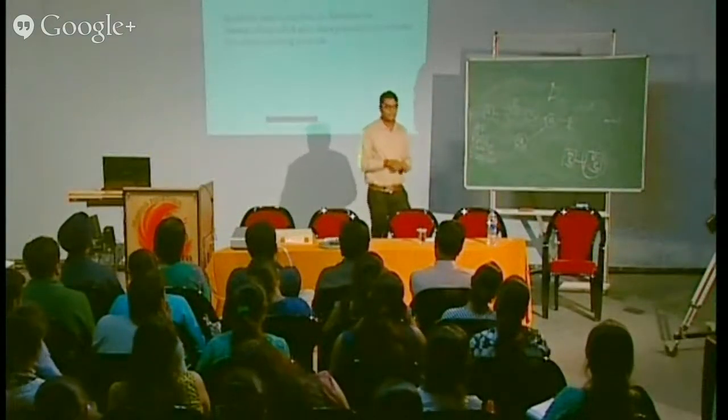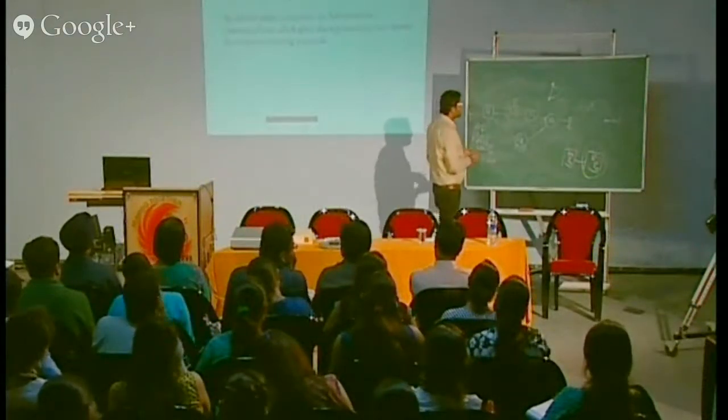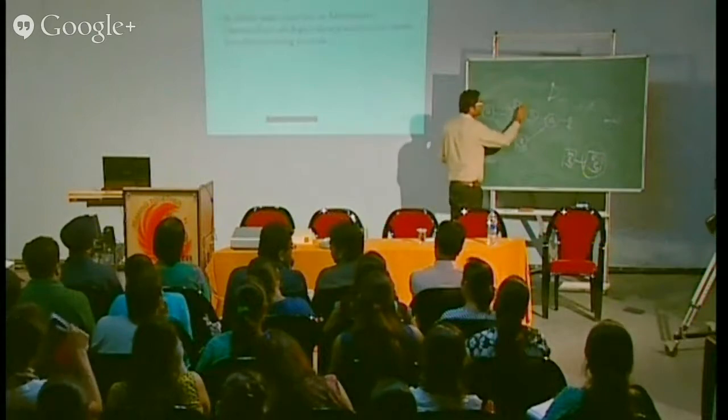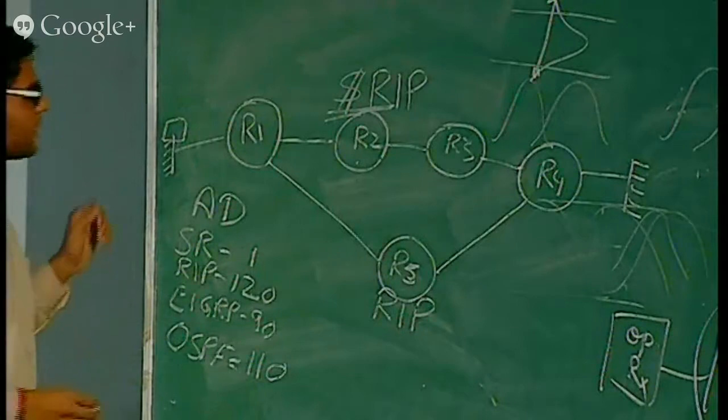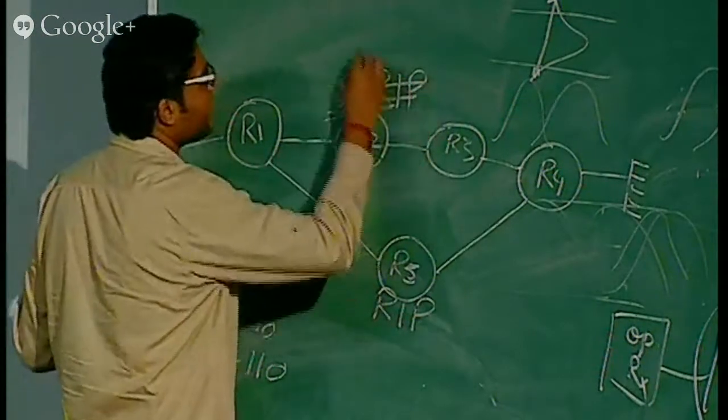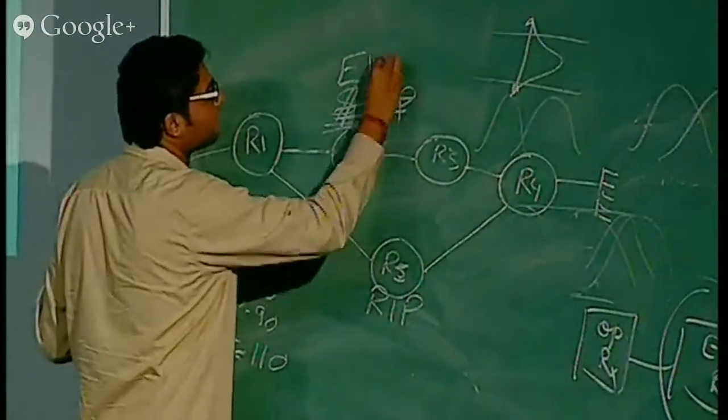Now let's take an example. What will be the case if I am running RIP here? Or let's say consider a path where I am running EIGRP here.